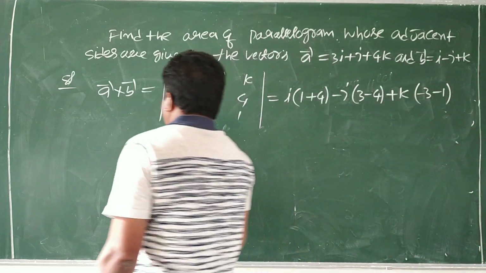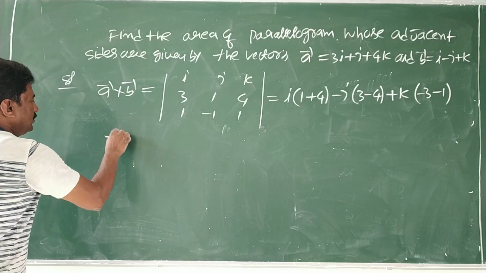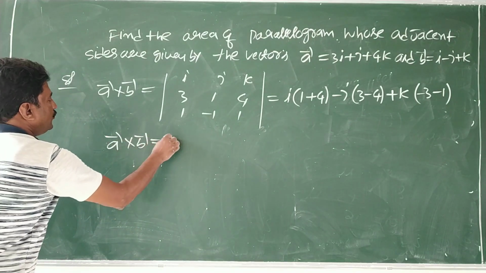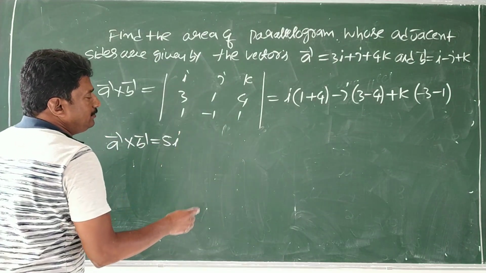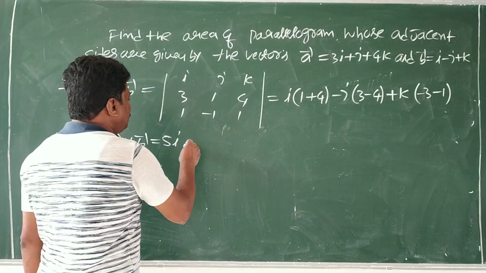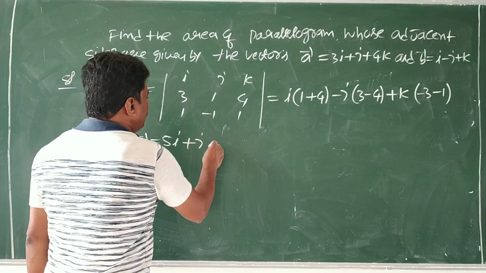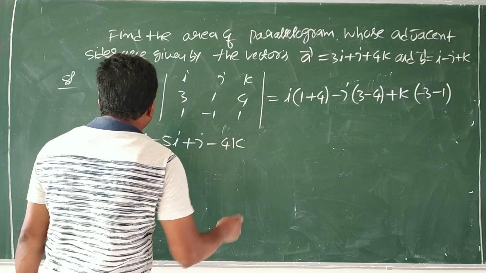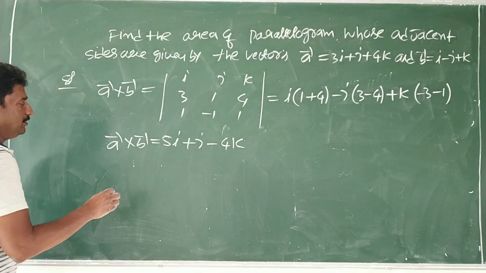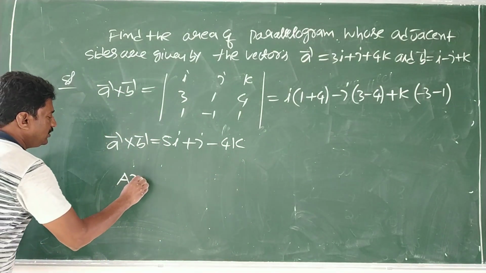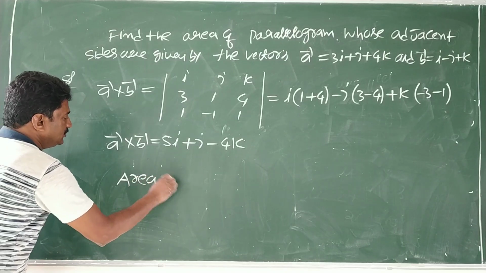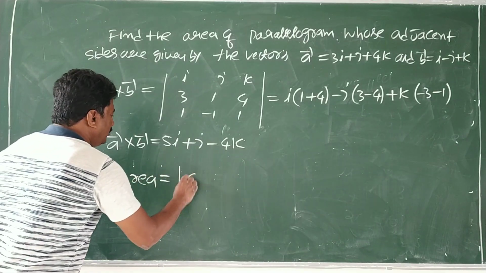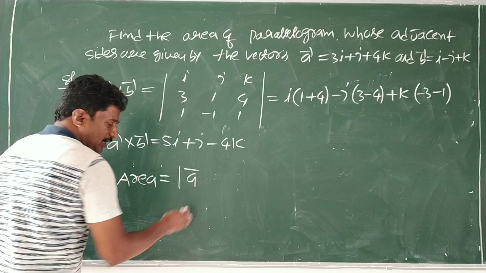So A cross B is 5i, minus of minus 1 is plus j, minus 4k. Now area of the parallelogram is equal to magnitude of A cross B.